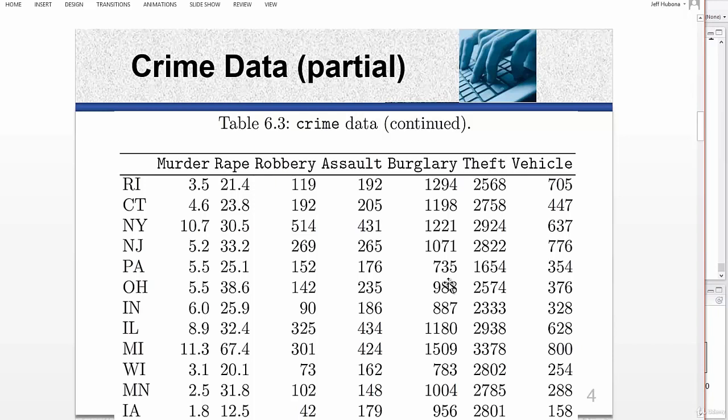Now, scaling does not necessarily mean standardization, although that's usually the most common approach. You take the values for every column, every variable, and you mean center them. You subtract the mean for that column from each observation, and then you divide by the standard deviation, and that gives you a z-score. It's sometimes called a Wald statistic.